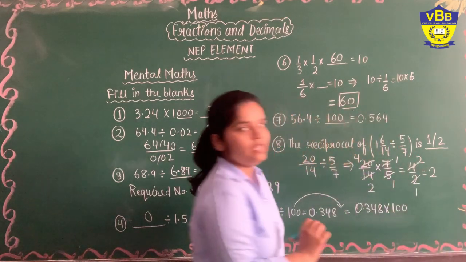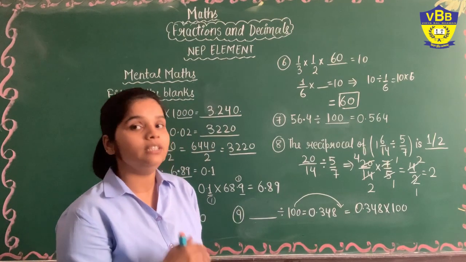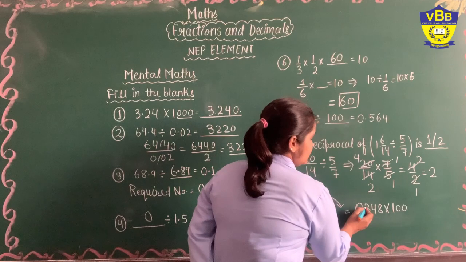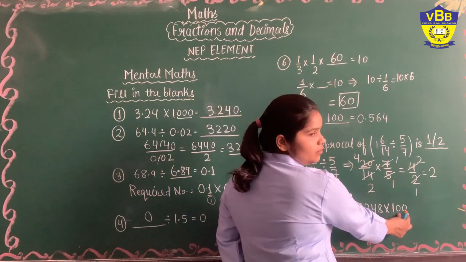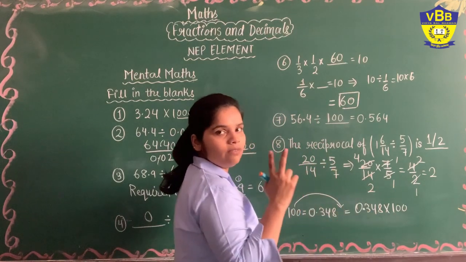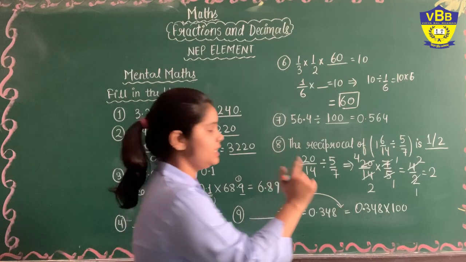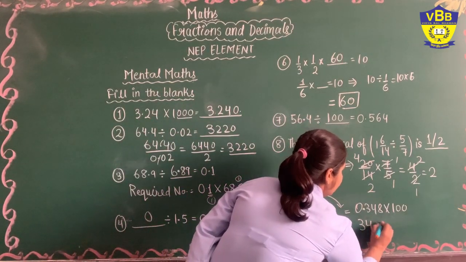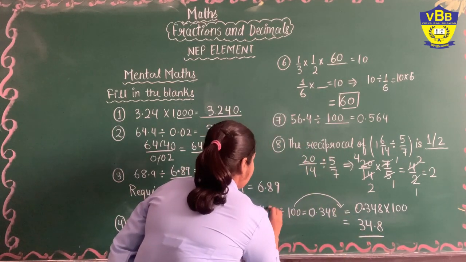When you multiply a decimal number by 100, we shift the decimal to the right side. Here the decimal is after 3 decimal places. We are multiplying the number by 100, and 100 has 2 zeros. It will be shifted 2 decimal places to the right side. So the answer will be 34.8.